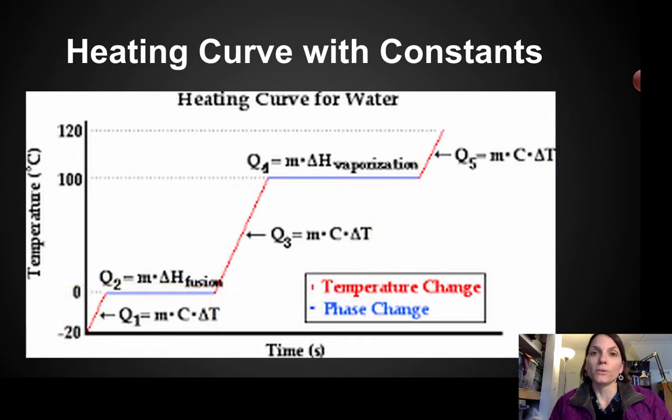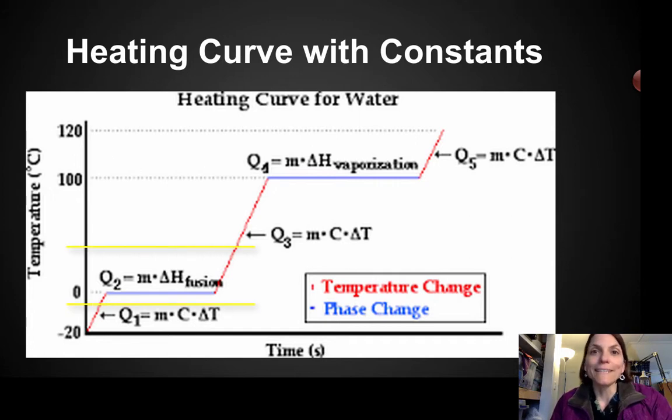We're very familiar with the Q3 region. That's where we're heating water. That is very typically used in calorimetry experiments because the specific heat of water is well known, and water has a high specific heat capacity, so you can use it for these experiments very accurately. Now, if you have a solid that you're melting, if you're at the first plateau at 0 degrees, notice how the equation has changed.